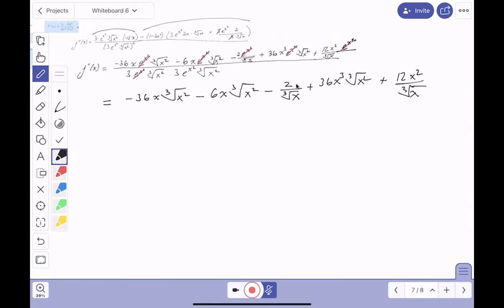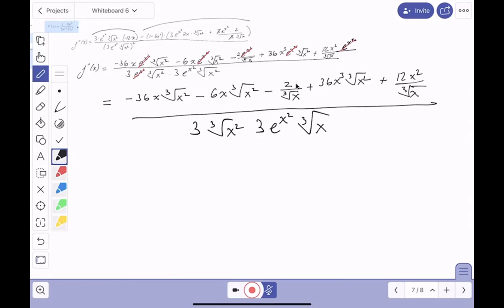Wow. 3 e to the x squared cube root of x squared.